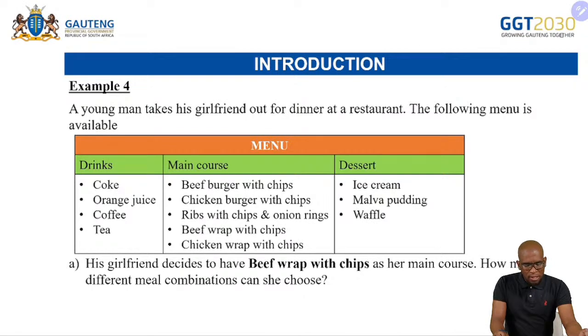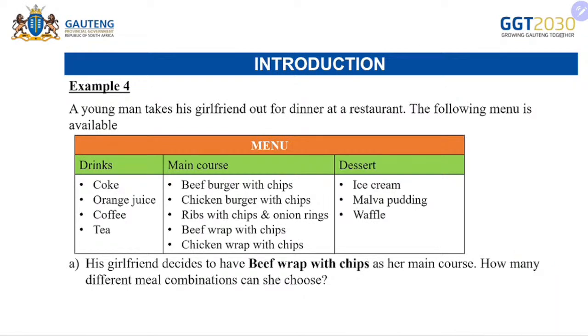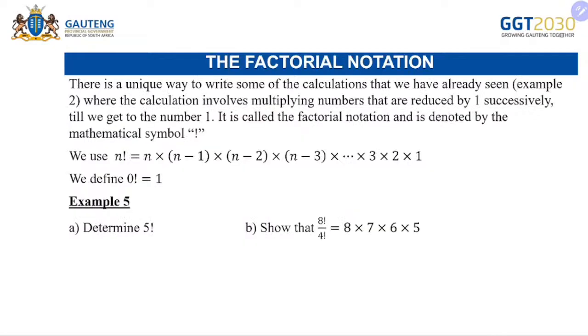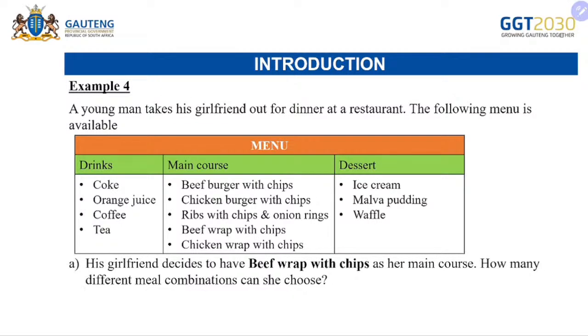His girlfriend decides, all right, let's go back. The first question, there's an error here. The first question was supposed to be how many different meals can you have? How many different combinations of meals can we have?